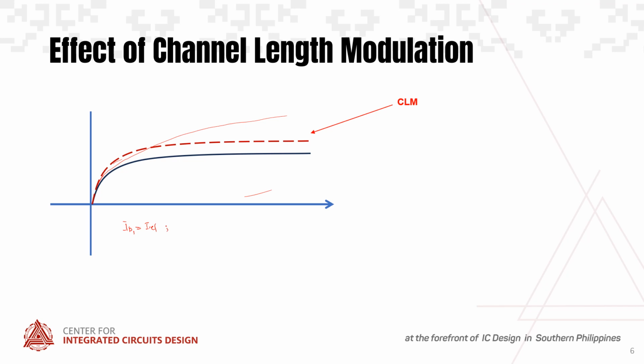basically if our VDS1 is equal to the VGS, since if we have this diode connected, this is diode connected, okay, so this VGS here is the same VGS in our MREF and our M1. If the VDS of our M1 is equal to VGS, then our current here, ID and Iref, are equal.